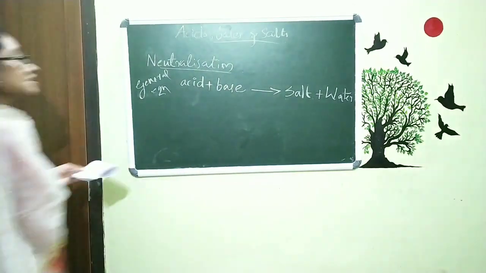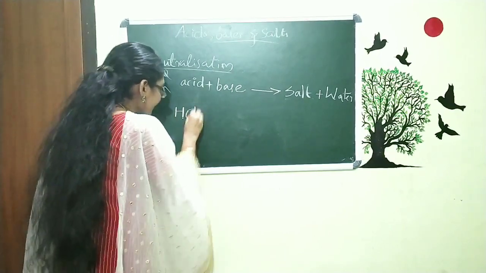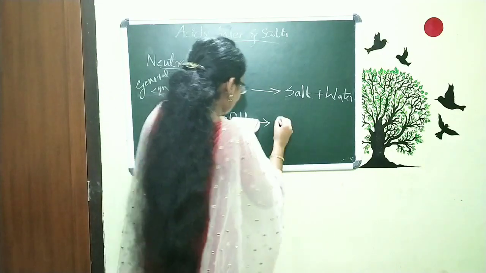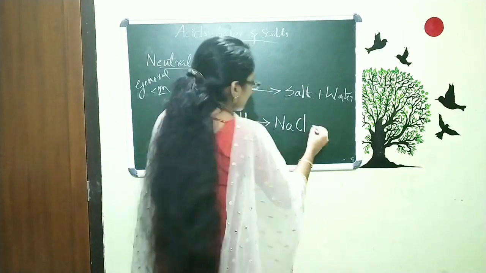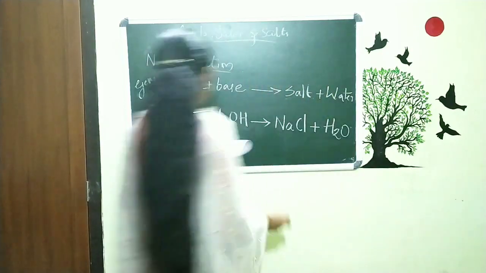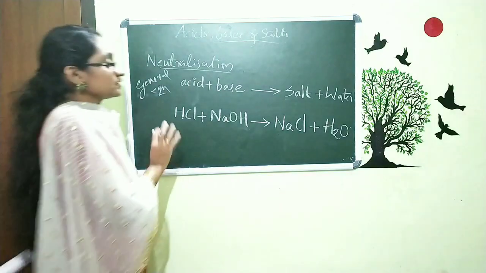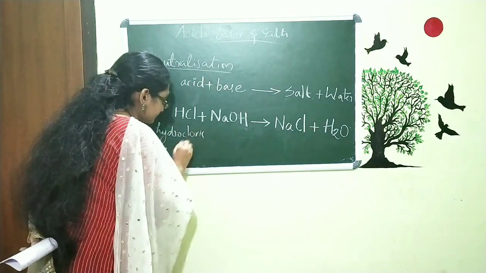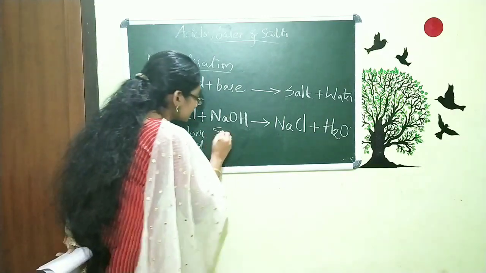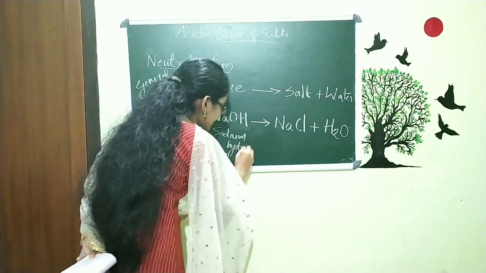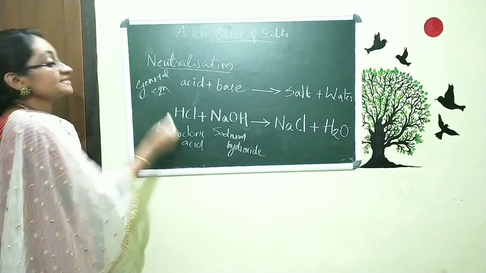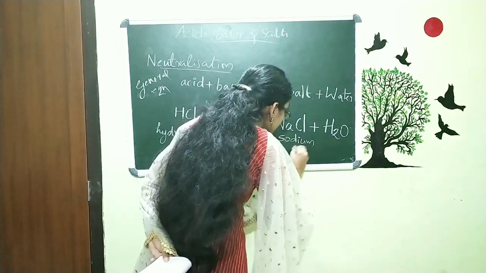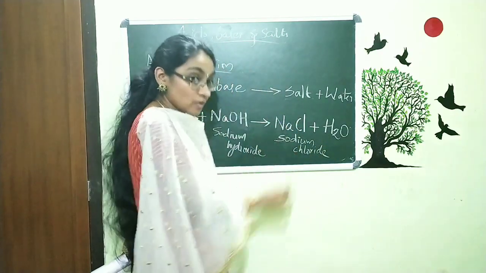And now we are going to look at one example. When hydrochloric acid, HCl, reacts with sodium hydroxide, we get sodium chloride plus water.